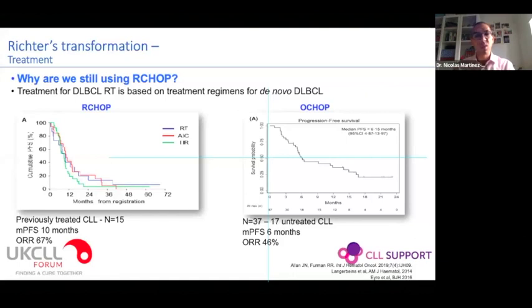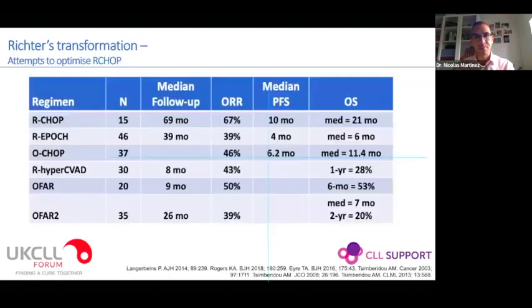Unfortunately, it didn't make much difference. This was a single arm study of only 37 patients with Richter's, but the median PFS was again 6 months and the response rate was 46%. So adding obinutuzumab didn't seem to make much difference to the outcome of Richter's.